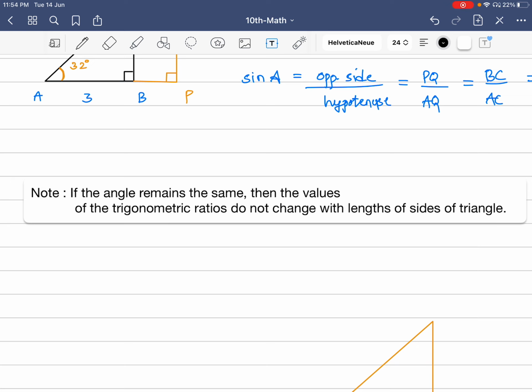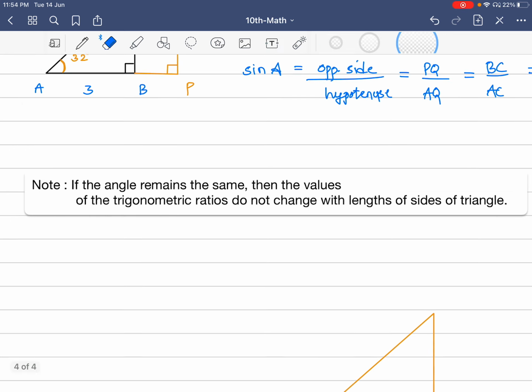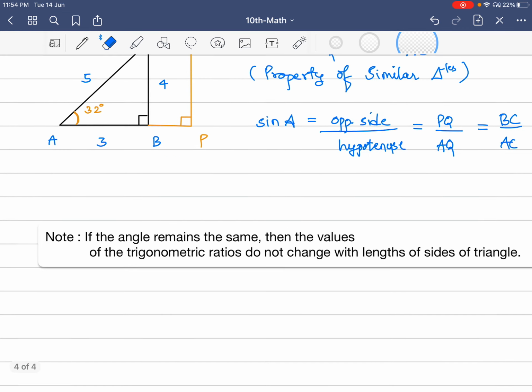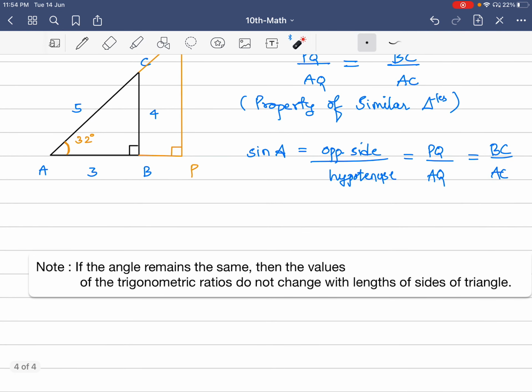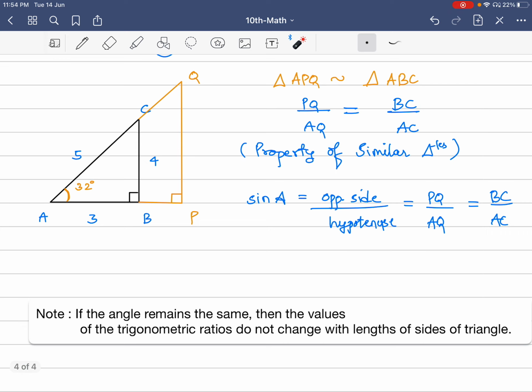Now, hold on a minute. Let's erase this angle. Okay, so this is the property which we wanted to highlight when it comes to trigonometric ratios. Let's read it. If the angle remains the same, then the values of the trigonometric ratios do not change with the lengths of sides of the triangle. So it doesn't matter what the length of the sides of the triangle is, or whether it's a small triangle or this big triangle, or if you draw another big triangle, it does not matter.